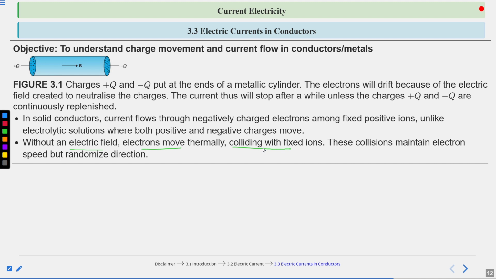If we increase the temperature, the randomness of electrons also increases. These collisions maintain the electron speed, but the direction of movement is randomized. They will move in any direction.